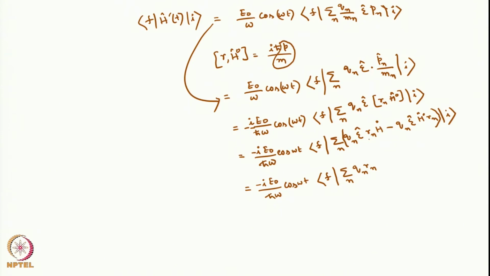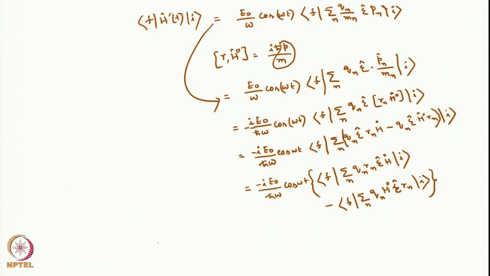Now, epsilon h naught acting on i, minus f sigma over n q n h naught epsilon r n i. Okay. So, now this h naught will act on i and give me E i.